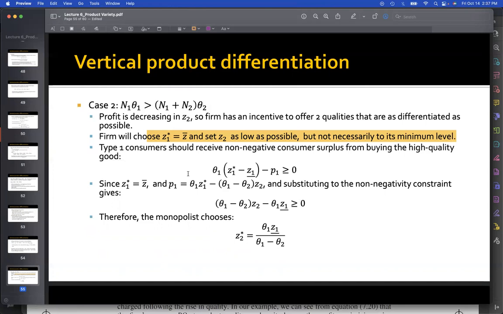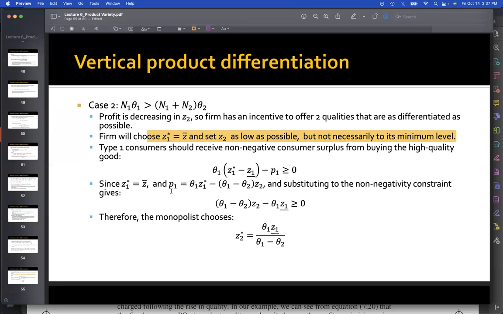So type 1 customers should receive non-negative consumer surplus, which is this one. And this is something that's familiar. We've seen this before. P1 is essentially this one. So you're getting all of the type 1 consumer surplus, because all of this utility here, you're equating it to the price that you're asking for.